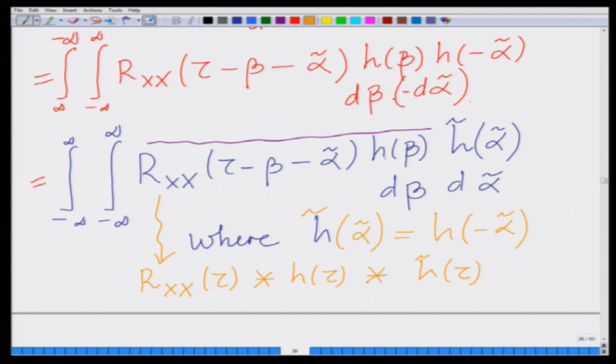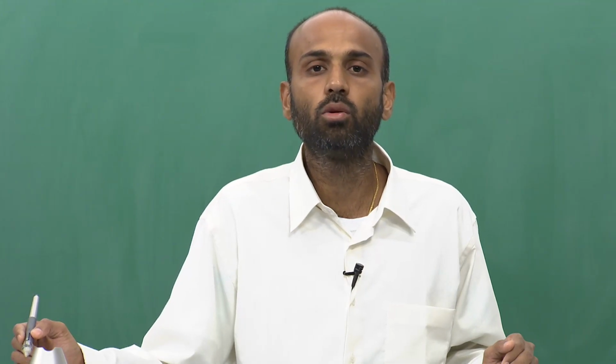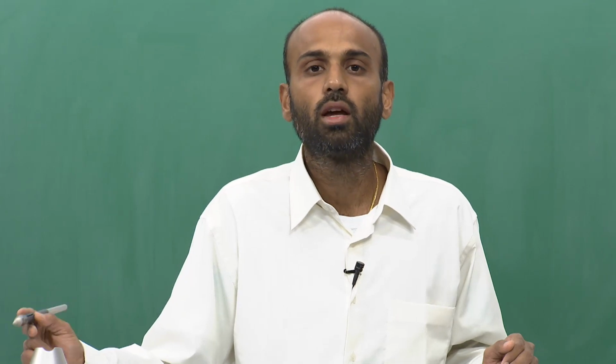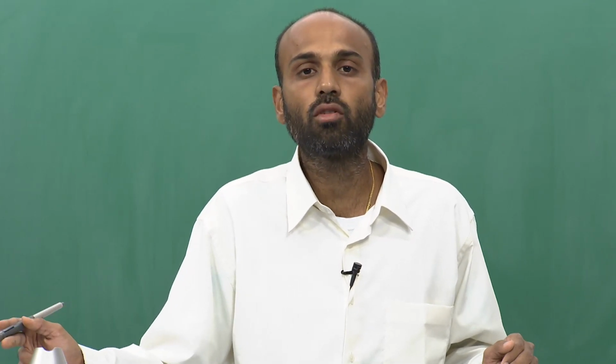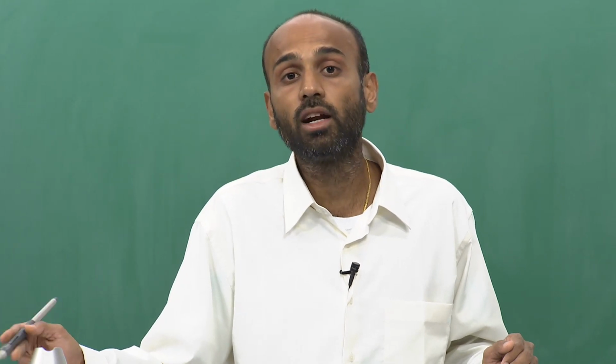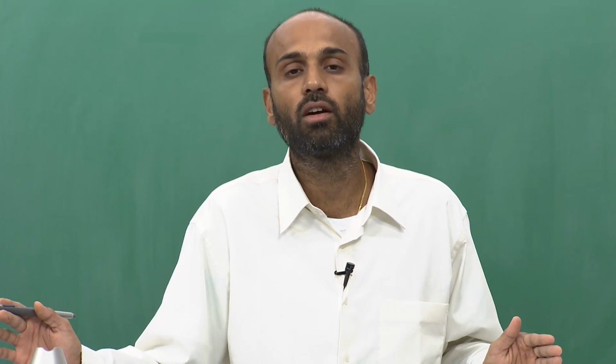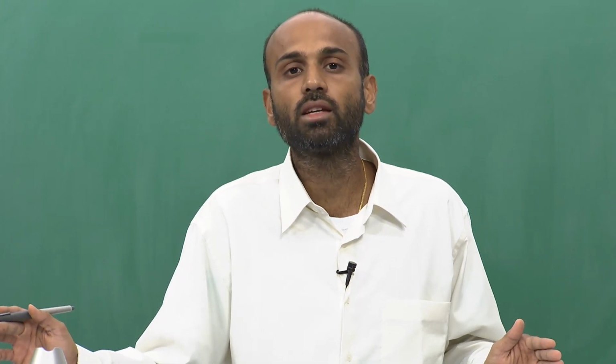So, you can clearly see the output autocorrelation, that is r_yy of tau, is basically r_xx of tau convolved with h of tau, that is the impulse response, convolved with h tilde of tau. But remember, h tilde of tau is h of minus tau by definition, since h tilde of alpha tilde is h of minus alpha tilde.